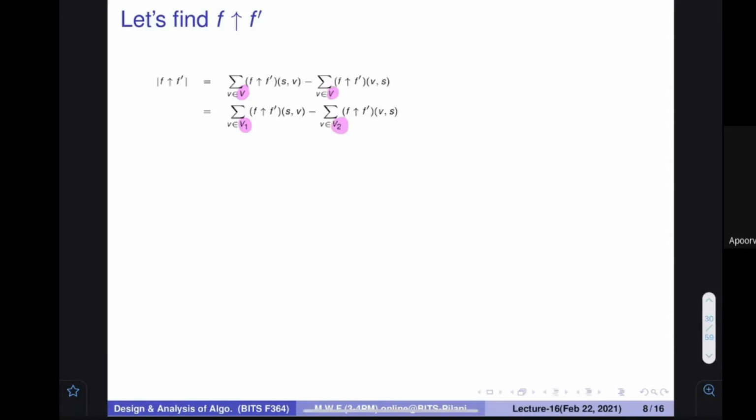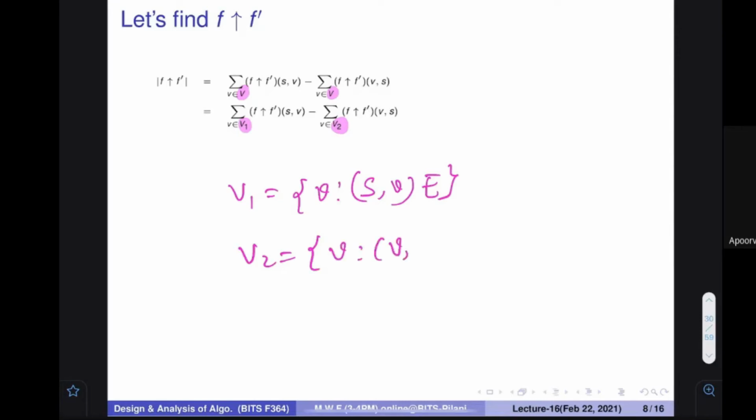What is V1? Let me define V1 as all the vertices v such that (s,v) is inside E, and V2 is equal to the set of v such that (v,s) is inside E.